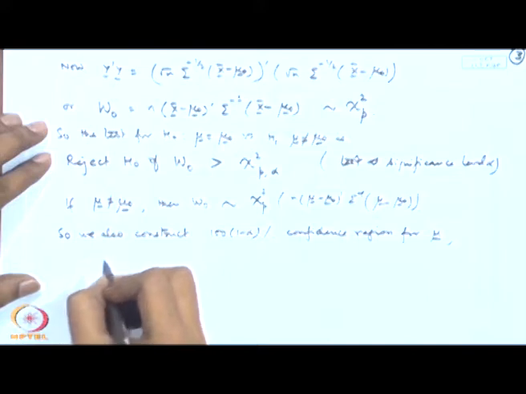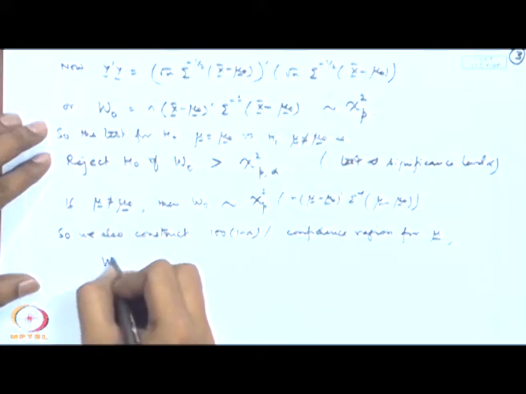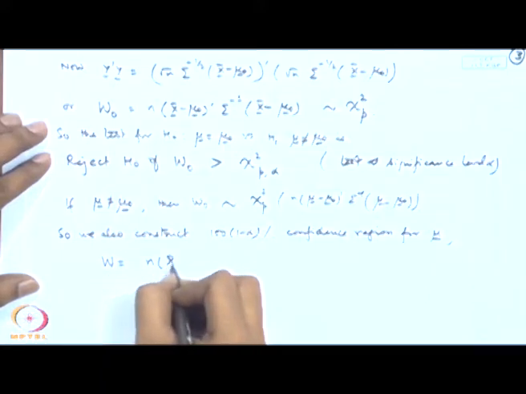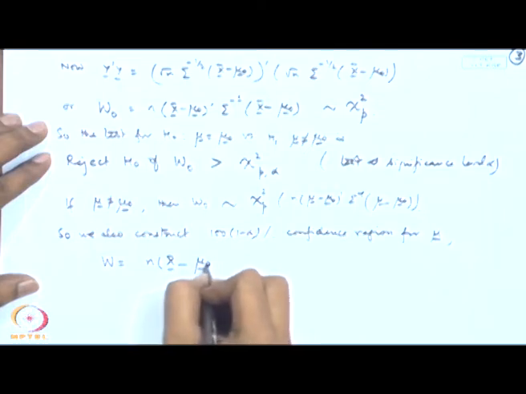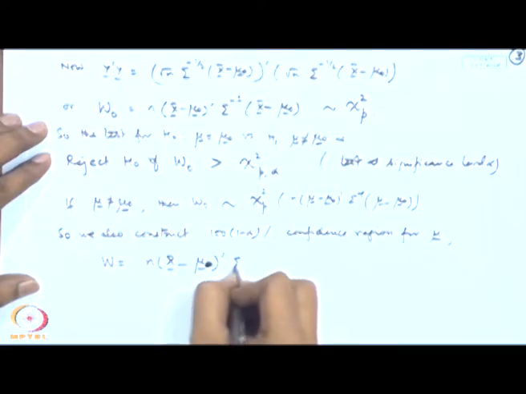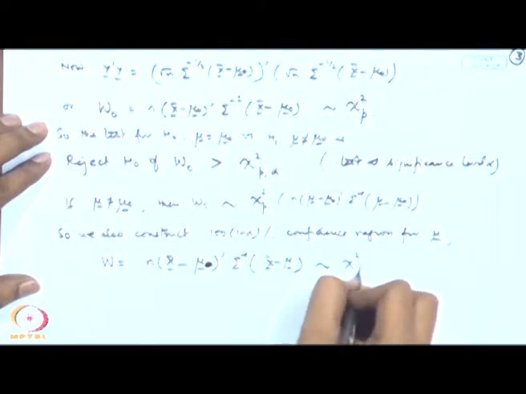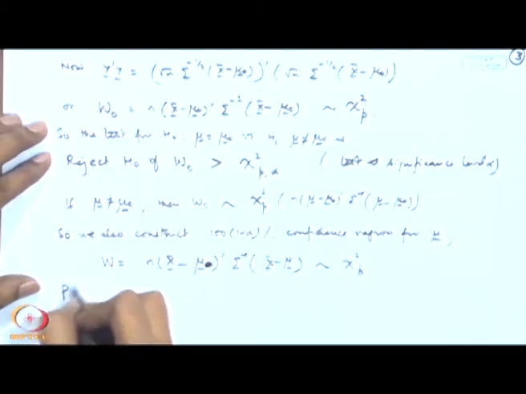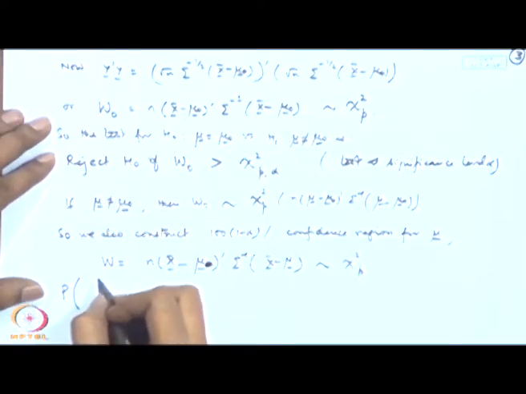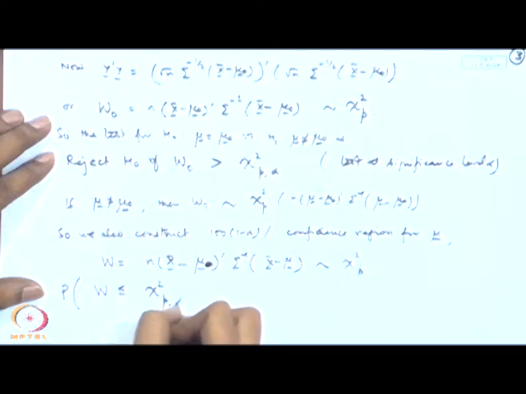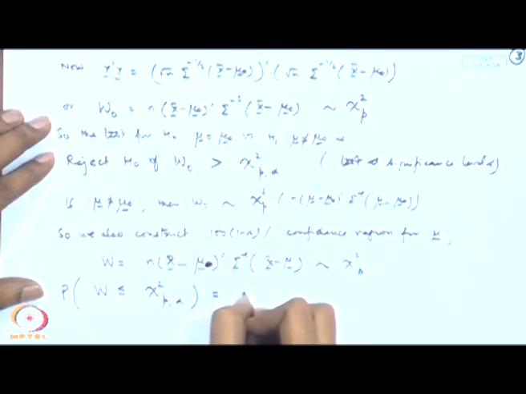If I consider say W is equal to n (x bar minus mu) prime sigma inverse (x bar minus mu), then that is having chi square p. So, I can write probability of W less than or equal to chi square p alpha, that is equal to 1 minus alpha.